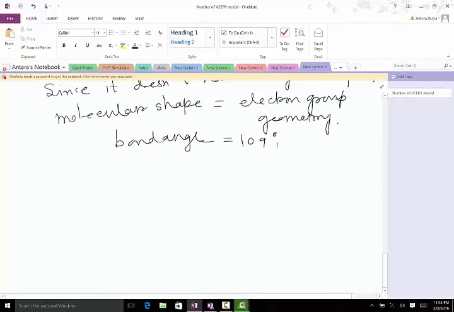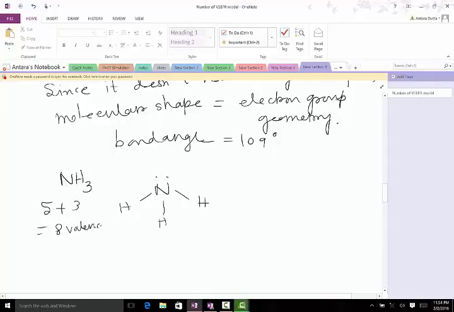Now if we take ammonia in contrast to methane, in ammonia you have one lone pair on the central atom, nitrogen. Ammonia has total 5 plus 3, 8 valence electrons. So 2 extra electrons will be sitting on the nitrogen, and it also has 4 electron groups. So 1, 2, 3, 4.